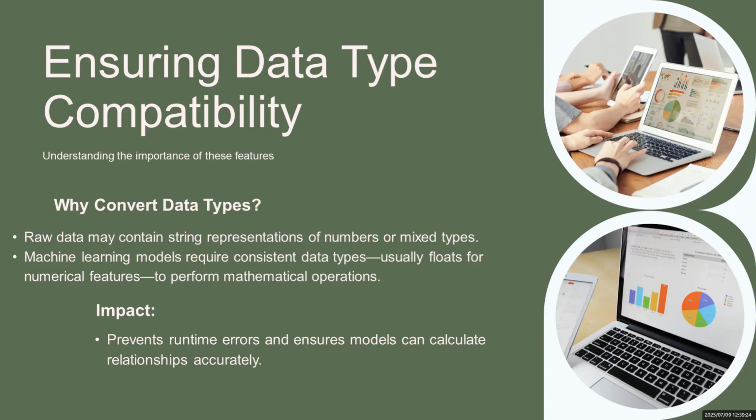Now let's look at the impact. Now this prevents runtime errors and ensures the model can calculate relationships accurately. So it's very important that we convert data types into a consistent data type.